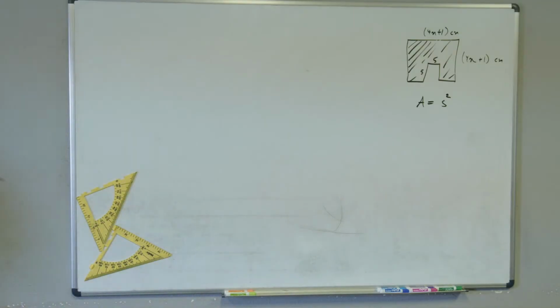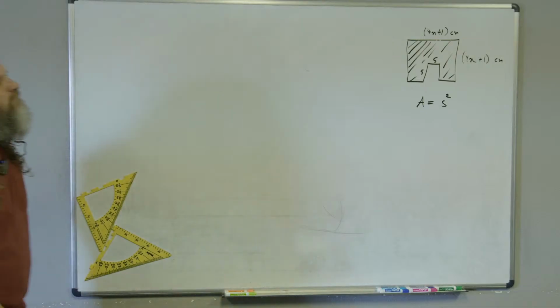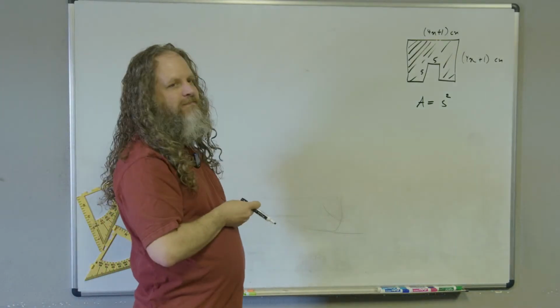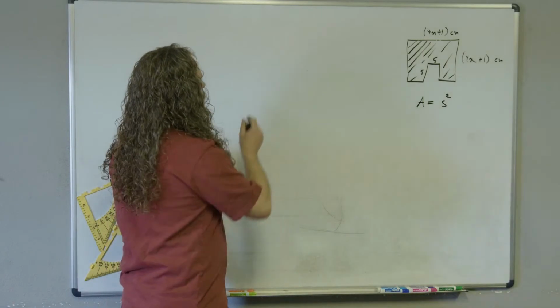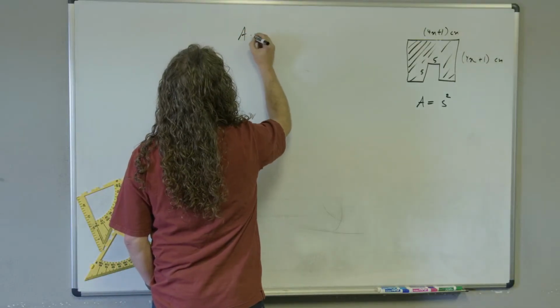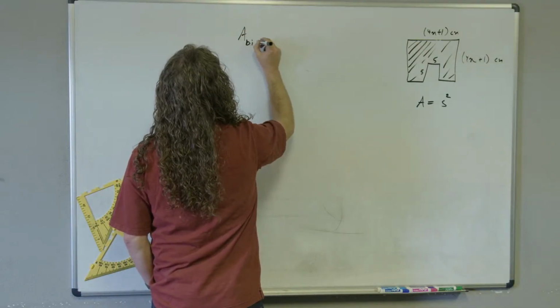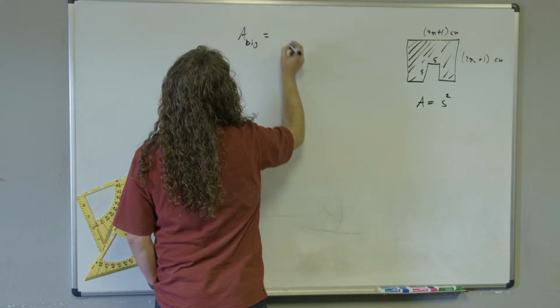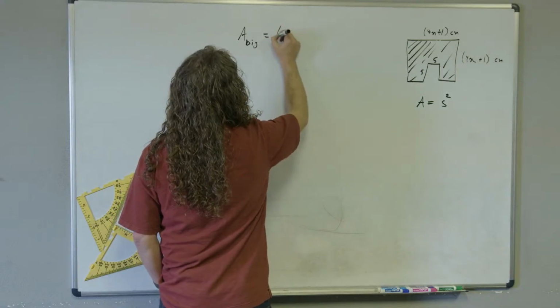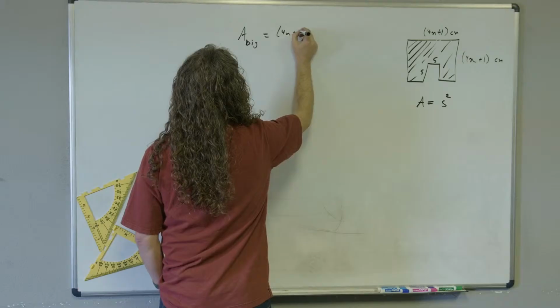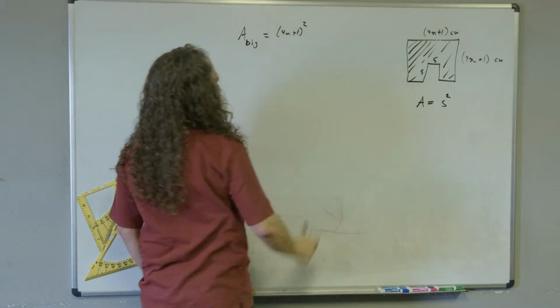Okay, so how would I find the area of the big square? 4n plus 1 times 4n plus 1. So the area of the big square is 4n plus 1 times 4n plus 1, or 4n plus 1 squared, right?